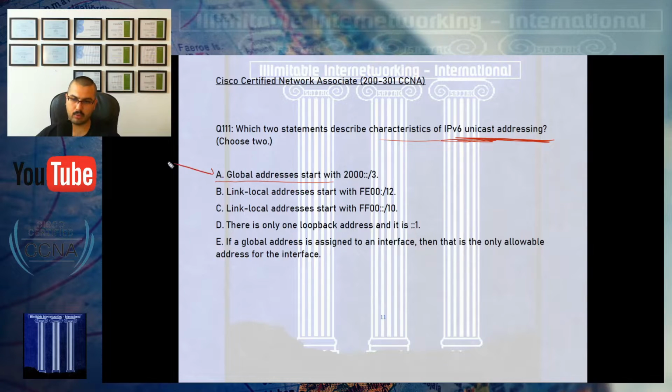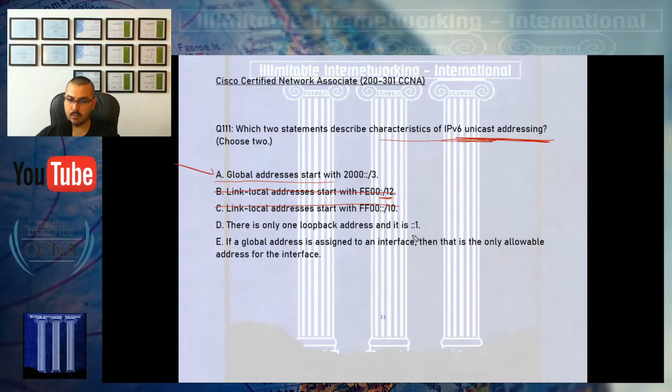This is what I talked about, one of the types in chapter 1. B, link local that starts with FE00, or C, link local that starts with FF. Link local does not start with FF, and I believe it does not have this subnet mask, so both of them are incorrect. D, there is only one loopback address, and it's ::1.